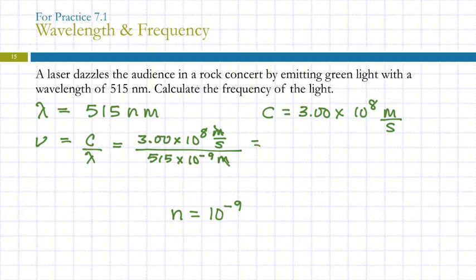And so my unit is going to be 1/s. So we got 3 times 10 to the 8th divided by 515 times 10 to the minus 9. 5.83 times 10 to the 14th cycles per second.